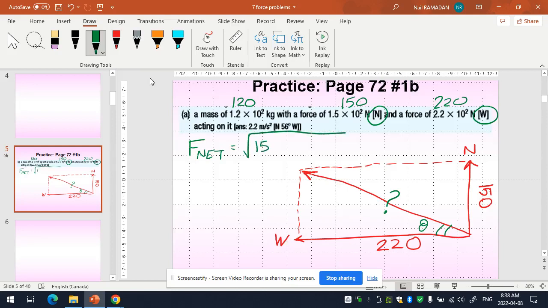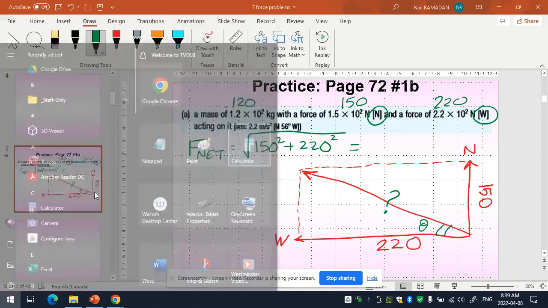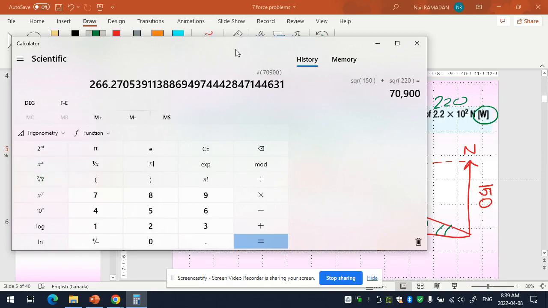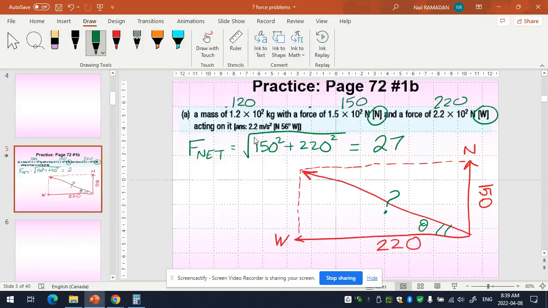Of the 150 squared plus 220 squared, and then you square root the whole thing. There we go. What's the sig fig situation here? 2. Okay, so 266, is it closer to 260 or 270? 270 for sure. So 270 newtons.